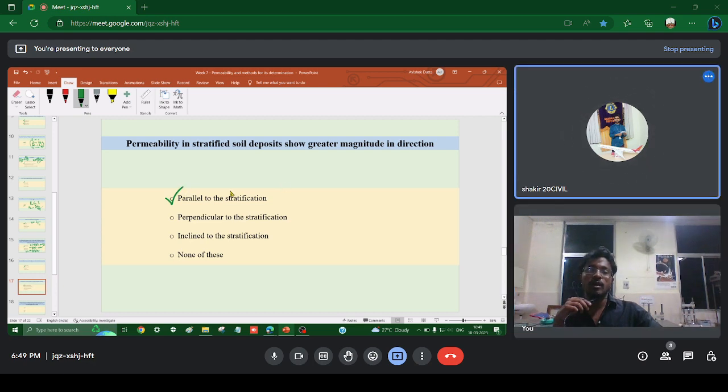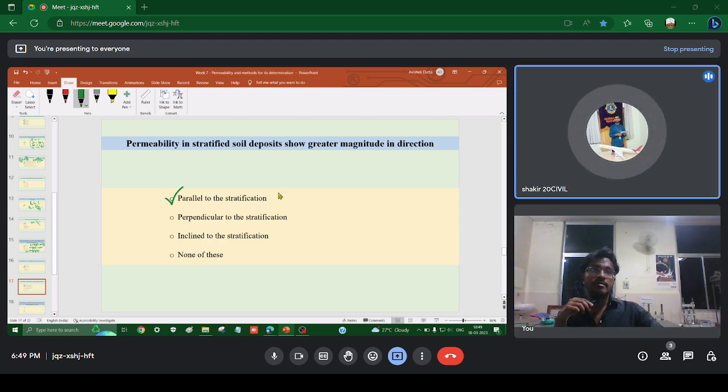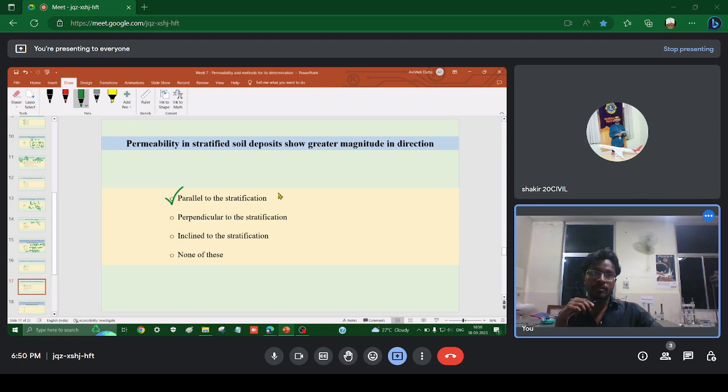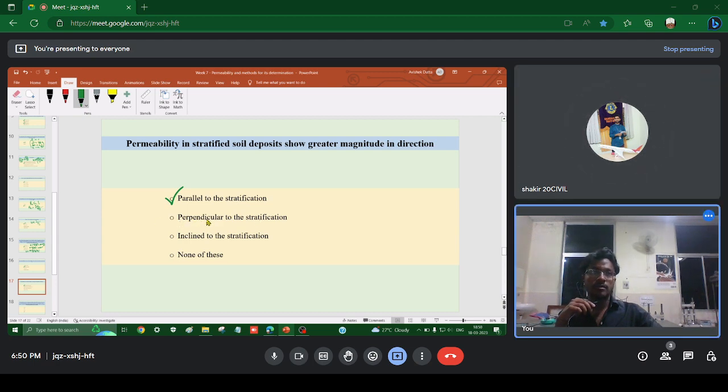When we are taking the flow parallel to stratification, it is the summation of K1 Z1 divided by summation of Z, the weighted arithmetic mean. But when you're taking perpendicular, it is the weighted harmonic mean, isn't it? You know harmonic mean, right?